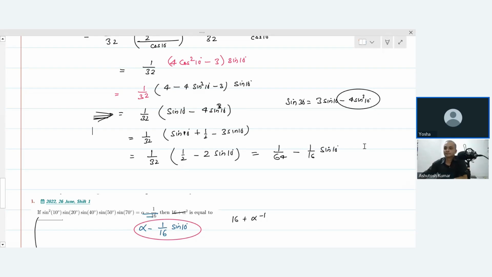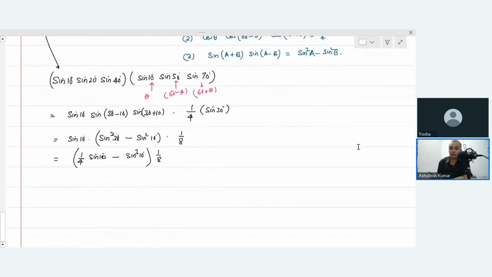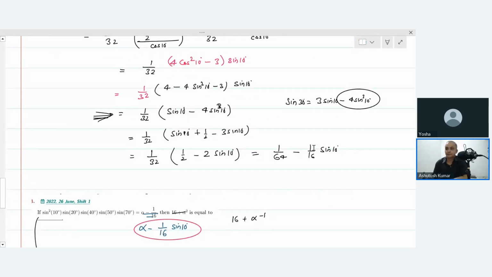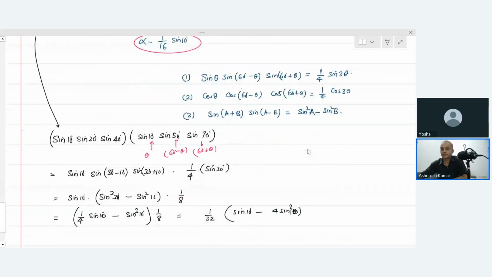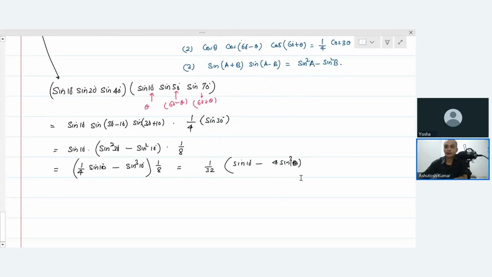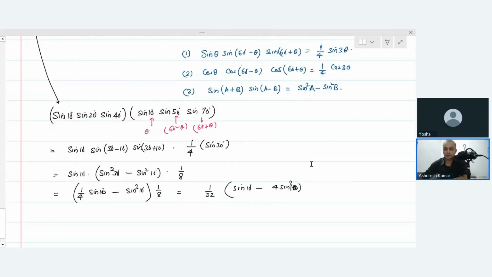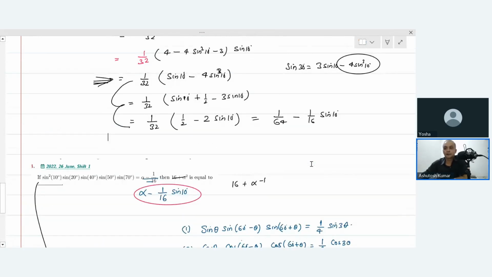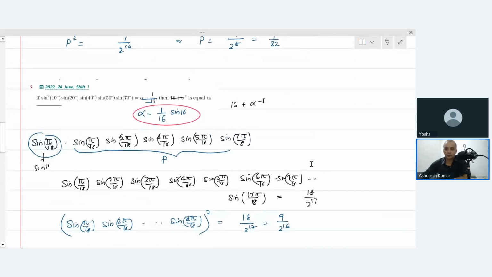Yes, sir. Yes, because if we take this 1 by 4 out, I will get 1 by 32 in the front, and we'll get sine 10 minus 4 sine cube 10. And after that, I have already calculated. See, from there, I have 2 more steps and we get the same answer. Understood? So this is actually quite shorter, but both of the methods are wonderful.